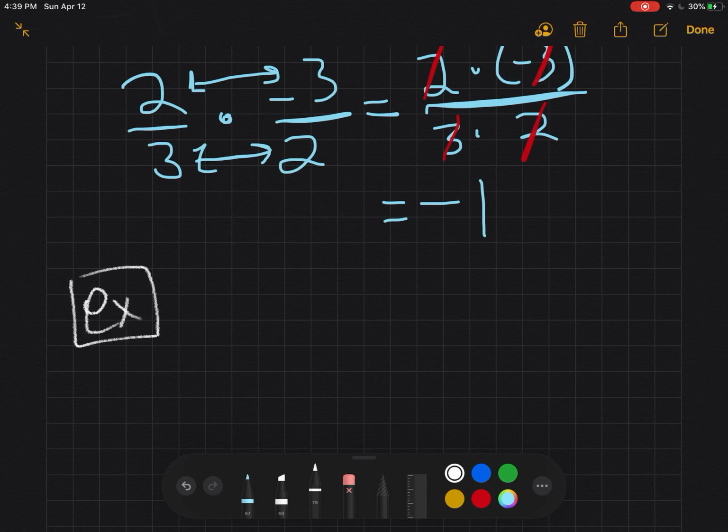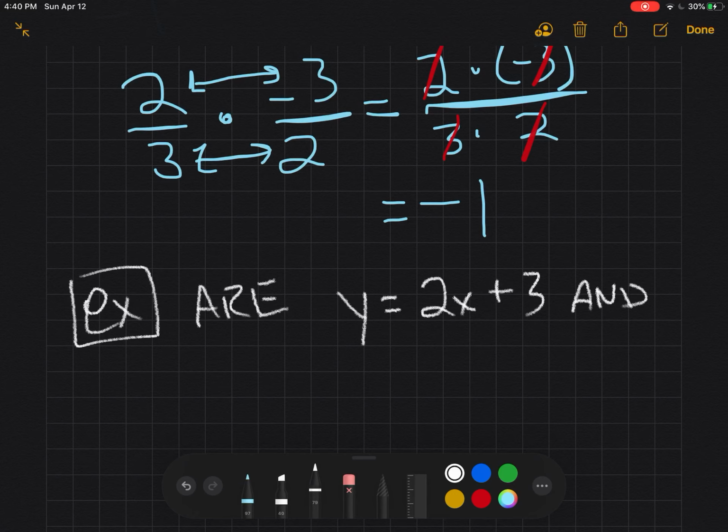So let me show you the most common thing that comes up when you're doing homework. They'll ask you, let's do 2 examples. We'll do one of a slightly easier variety and one that's a lot of work, but once you get the hang of it, not so bad.